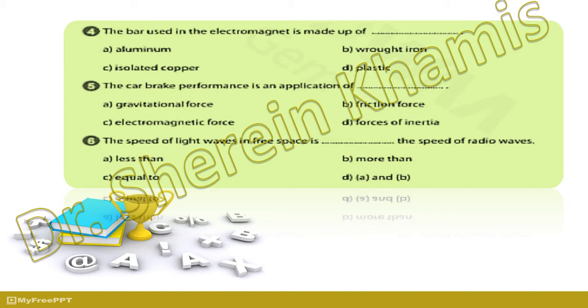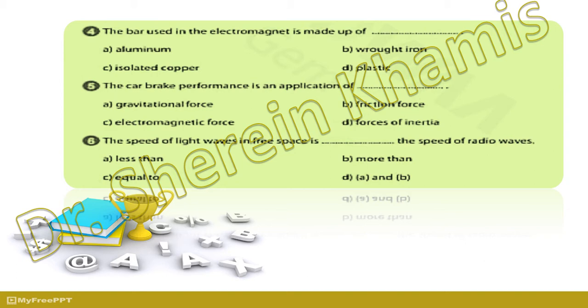So we have aluminium and wrought iron. If we want to conduct electricity in a very high amount, gaining and losing it easily, we use a soft or wrought iron bar, a material that can gain and lose electricity easily when connected to the electric current or source in the electromagnet.